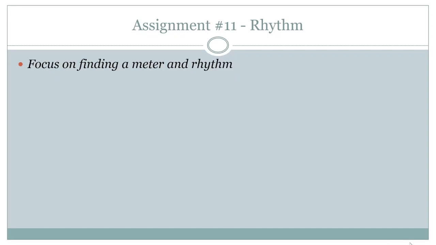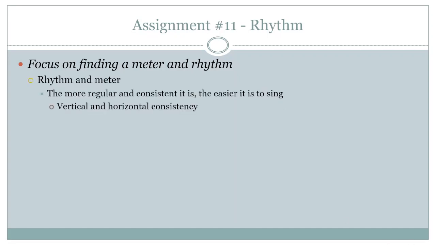Keep in mind that the more regular and consistent your meter is from verse to verse, and even within a verse, if your lines are repetitive or very similar in rhythm, make them exactly the same in rhythm. Don't randomly change it on the fly unless it's meant to be unpredictable. Try to get that consistency.